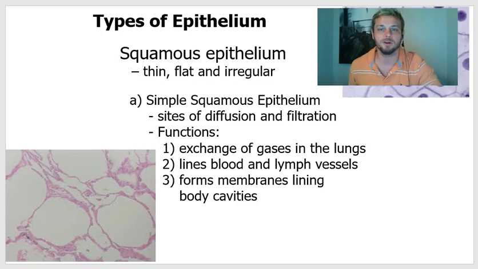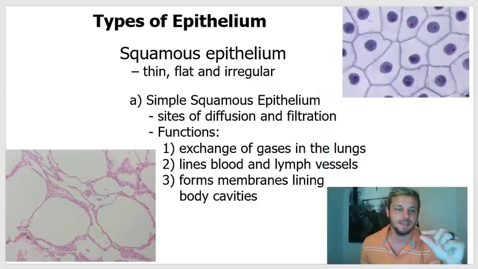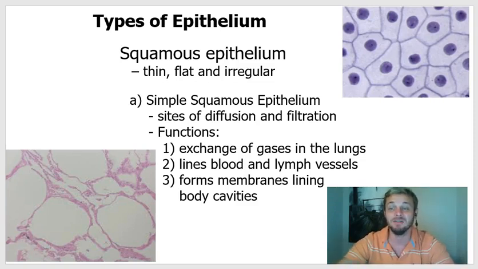So the first one we're going to talk about is squamous epithelium. When you look at squamous epithelium, they're going to be very thin cells. Squamous means scale-like. So if you think of the group called lizards, they're called squamates, because they have scales.